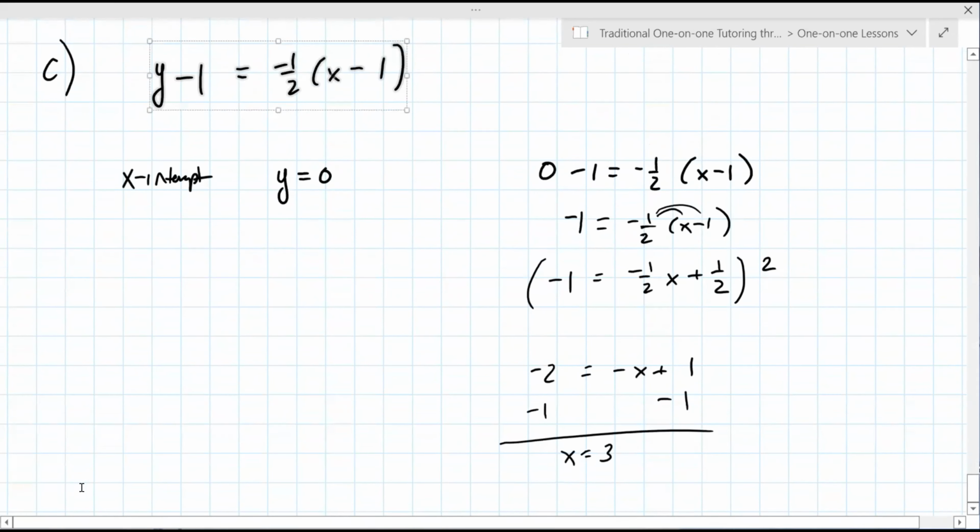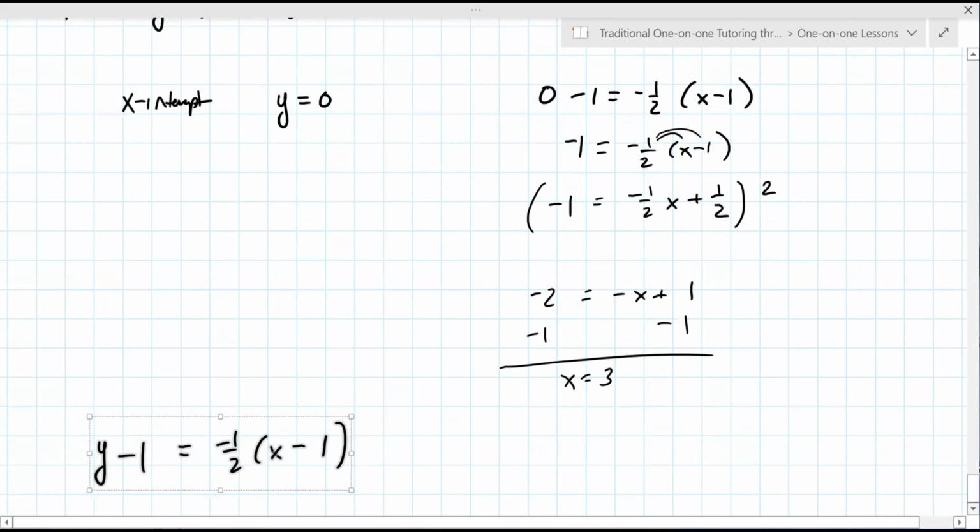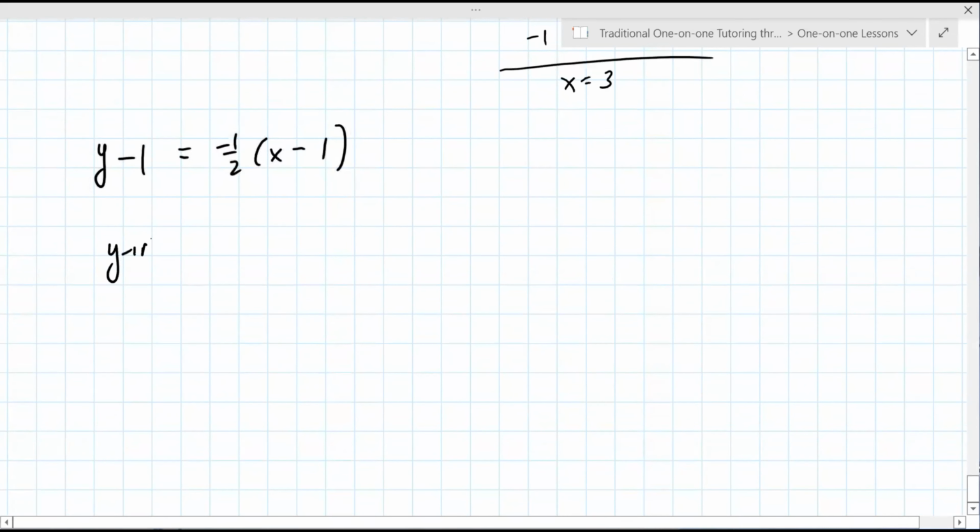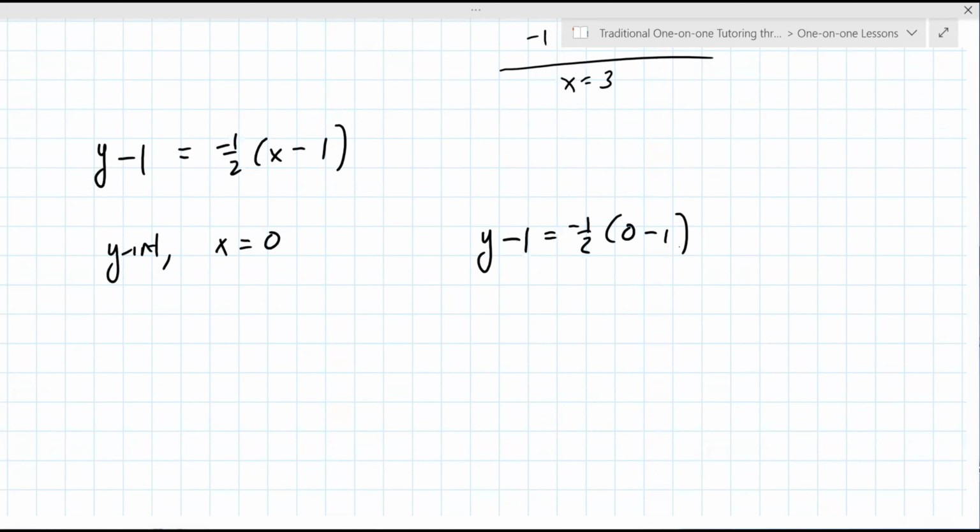All right. So the y-intercept is when x equals 0. So that's y minus 1 equals minus 1/2 times 0 minus 1. Go ahead and try working through that, please. All right.